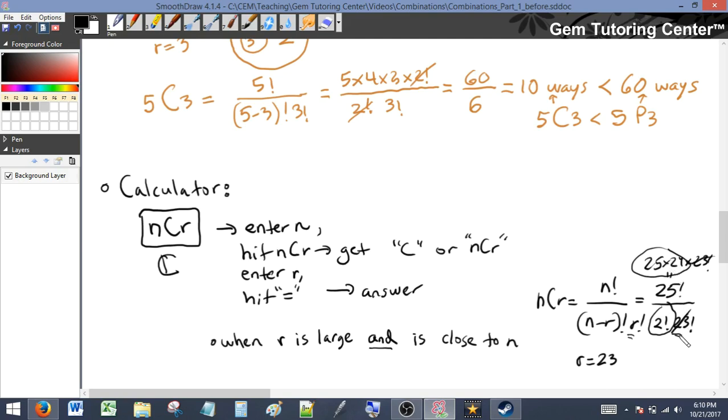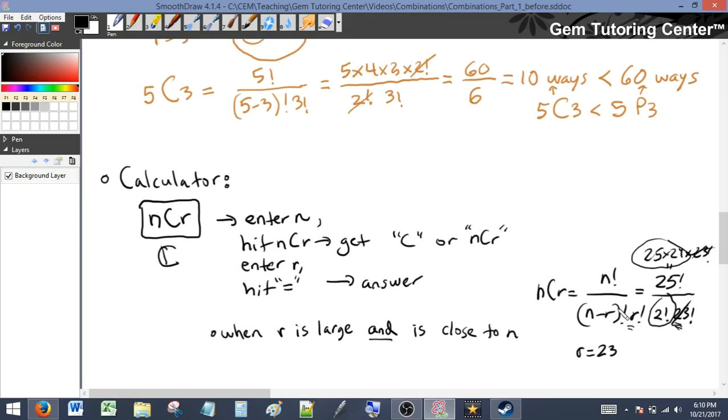But in combinations, you have this extra r factorial, which cancels with something up here, so it's not actually so bad. You can do hand calculations with combinations much more easily than with permutations. So that's this video, and keep an eye out for the next one, combinations part 2.